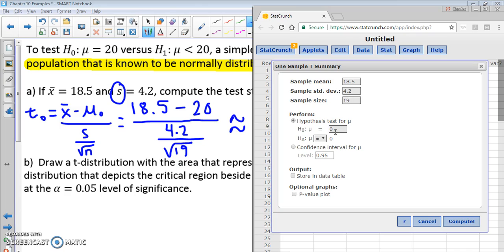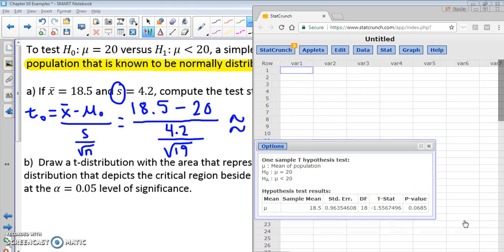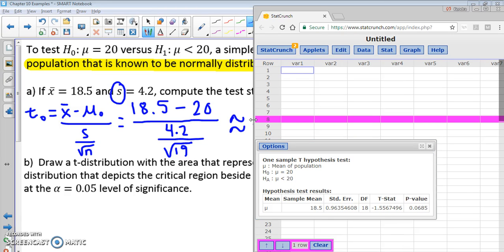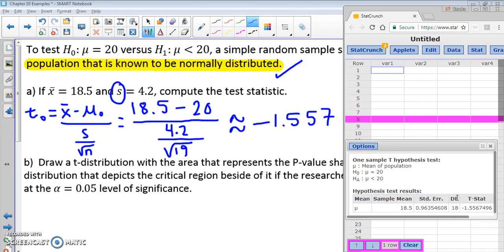And our hypothesis test, the null is where mu equals 20 and the alternative is where mu is less than 20. We're going to hit compute here. We see that we get our negative 1.557. So we're looking at the t-stat as our test statistic here.